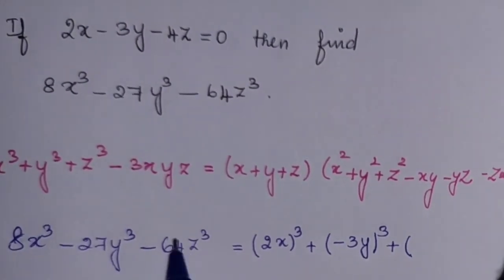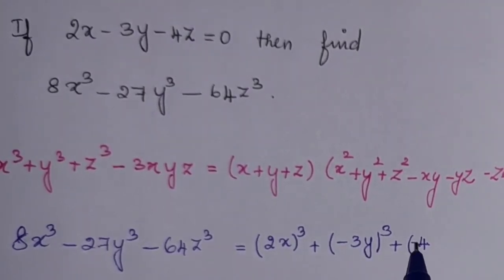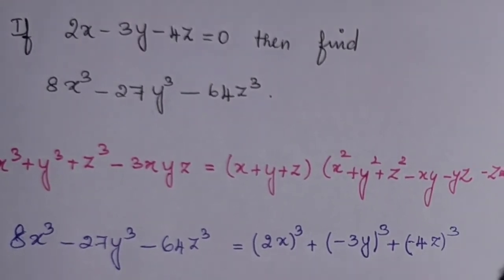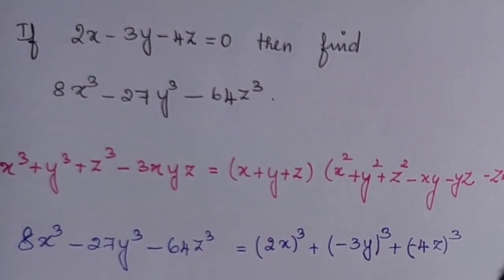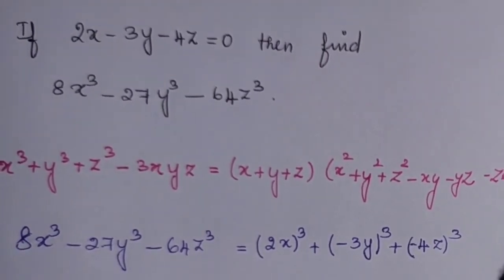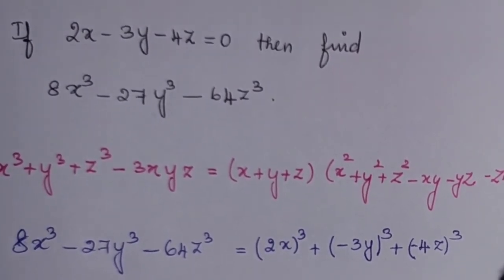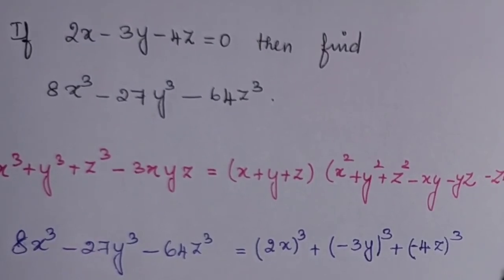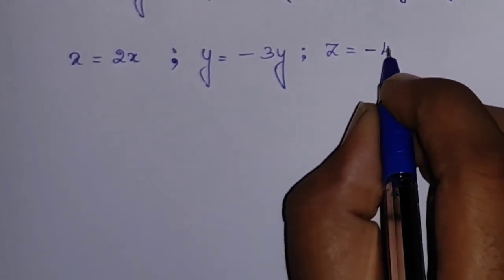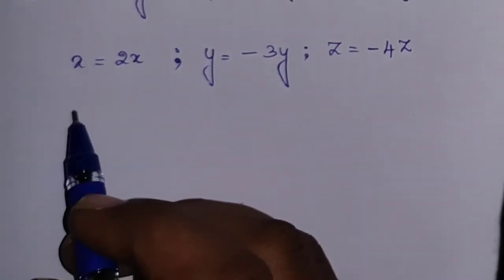So 64 is nothing but cube of 4. Since a minus sign is there, write minus 4z the whole cube, where x is equal to 2x here, y is equal to minus 3y, z is equal to minus 4z.